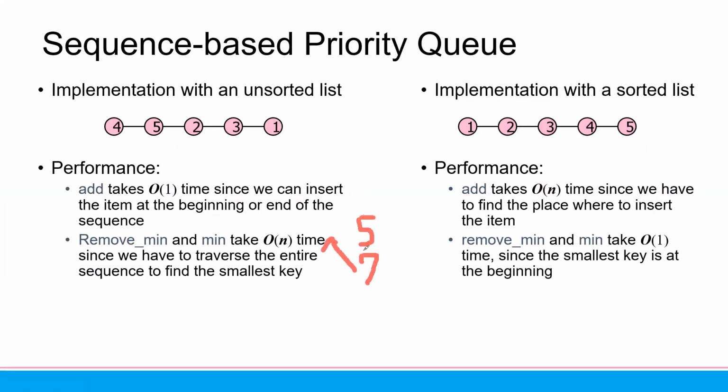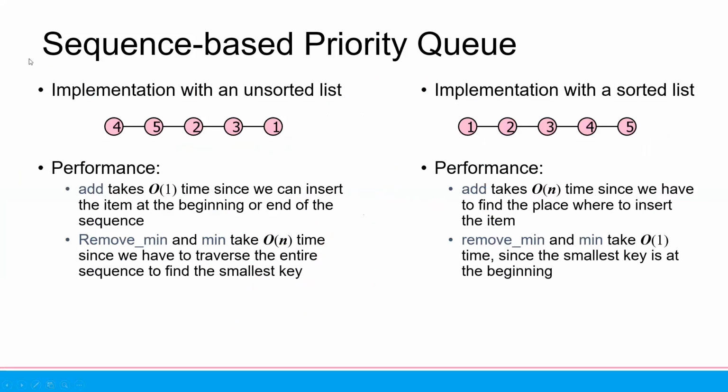Will we put it here or here? So we need to do the comparison. Okay, I know that 7 is later than 5, so I have 5 and then 7. Then I have 6, so I need to check the location of 6: whether I put it here, here, or here.